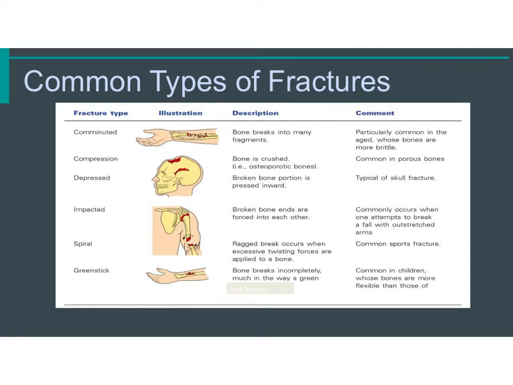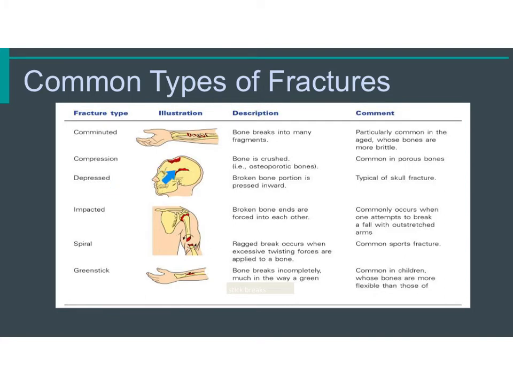There's less collagen, so they can get broken up more easily. A compression fracture is a crushing, so it's even more crushed than a comminuted fracture where you have lots of fragments. So again, common in osteoporotic bones.